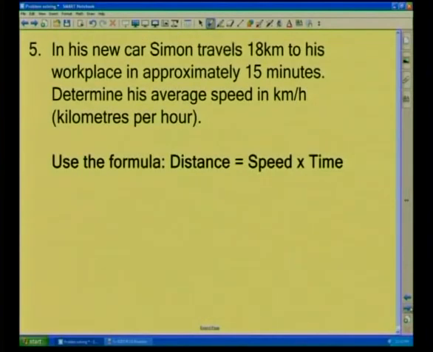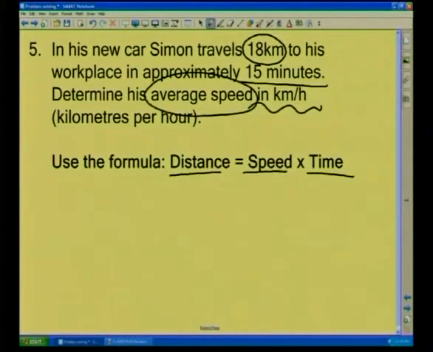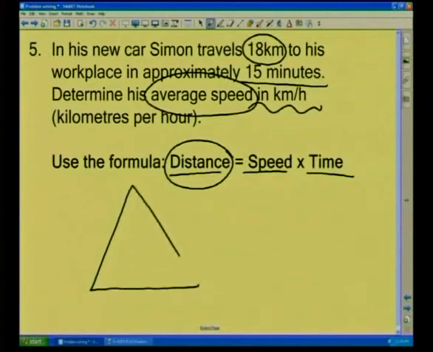Right, question 5. In his new car, Simon travels 18 kilometers to his workplace in approximately 15 minutes. Determine his average speed in kilometers per hour. Use the formula distance is equal to speed times time. Now you can see we are trying to find out the speed, and that's not what this formula is telling us to use. So I always like to transfer that into a triangle.